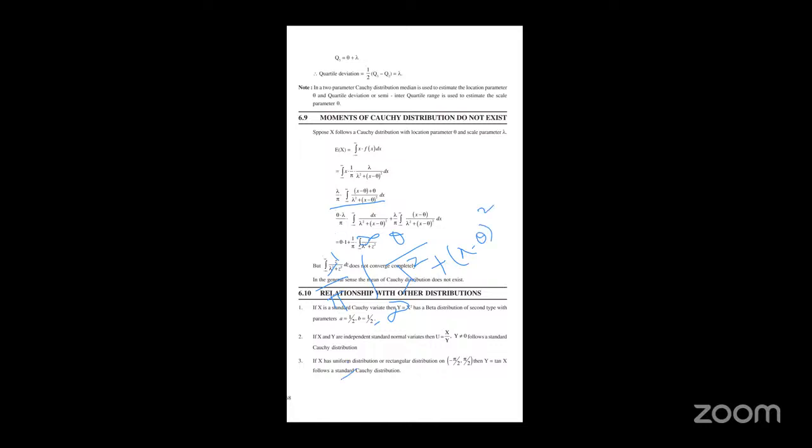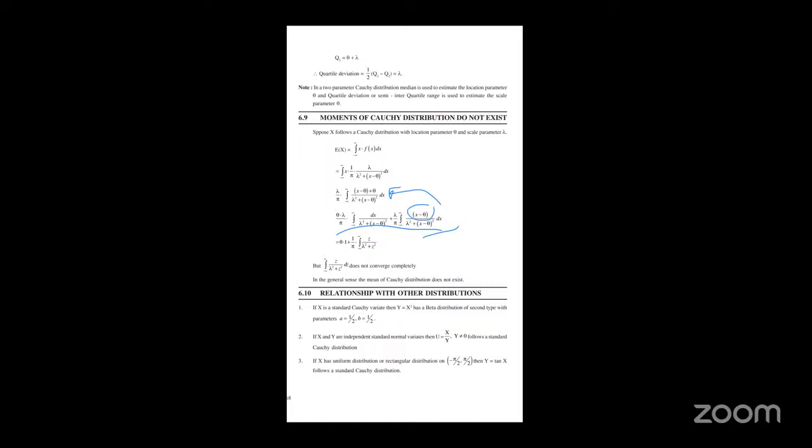And again plus lambda by pi, integration minus infinity to infinity, x minus theta by lambda square plus x minus theta whole square. From this we can cancel, and the pi comes outside. This is from the previous one. Next, theta into lambda by pi, integration dx by lambda square plus x minus theta whole square, and this. In place of x minus theta, we substitute z.